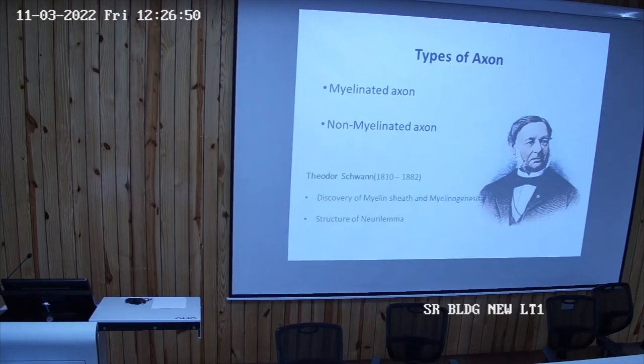He was the physician credited for the discovery of the myelin sheath, and he introduced the process of myelinogenesis. He also described the structure of the neurilemma. The neurilemma is the outermost covering, outside the myelin sheath.